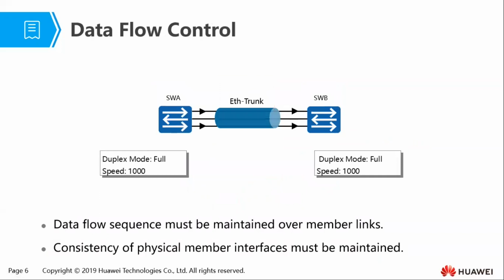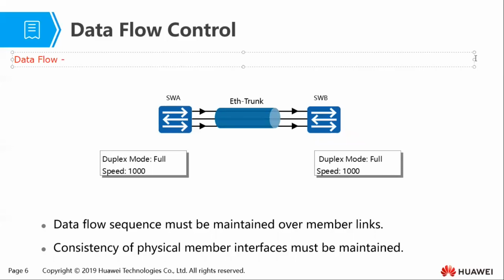So, data flow control. We begin by defining really what a data flow is, and this is a term that you're going to see more and more in coming topics. So we really need to understand what a data flow is.